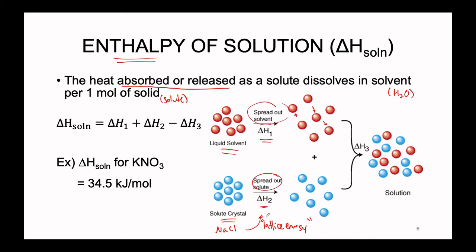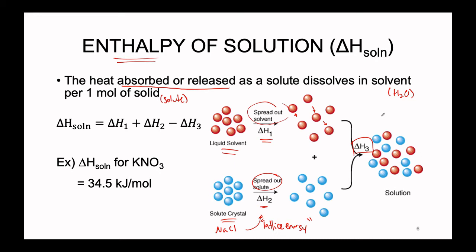We're looking at the energy of the bonds holding the solute crystal together, and we're going to have to break those to spread them apart inside of the solvent. All right, so energetically speaking, this is delta H1 and delta H2. We need to spread out the solvent and spread out the solute in order to make room for them to mix together. Once we put them together, this is going to be equal to delta H3, creating the solution.